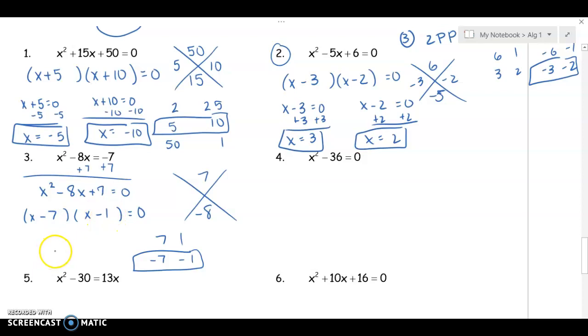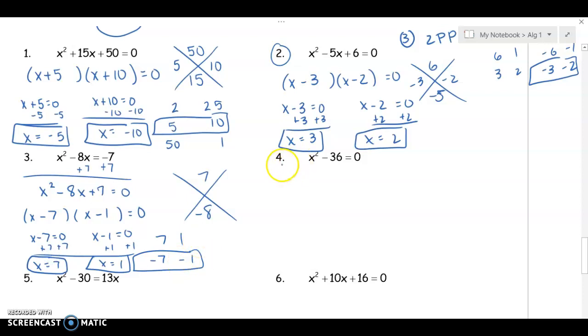And now we set it equal to 0. So we're going to set x minus 7 equal to 0 and x minus 1 equal to 0. Add 7 to both sides, add 1 to both sides. You're going to get x equals 7 and x equals 1. So those are going to be your solutions. Okay.